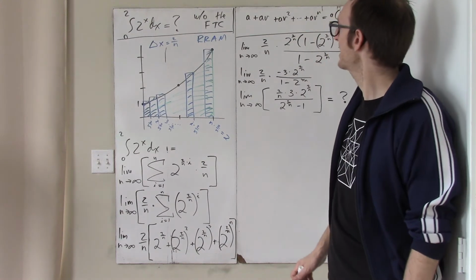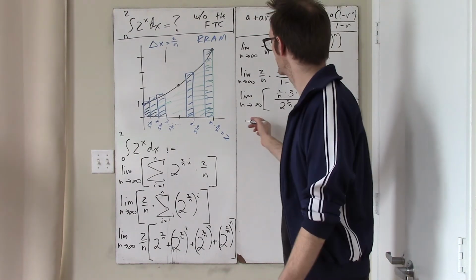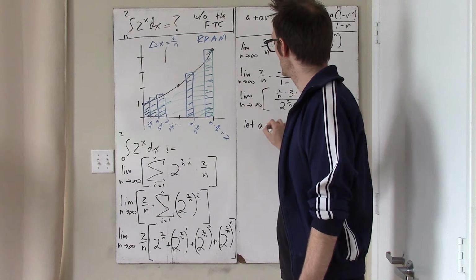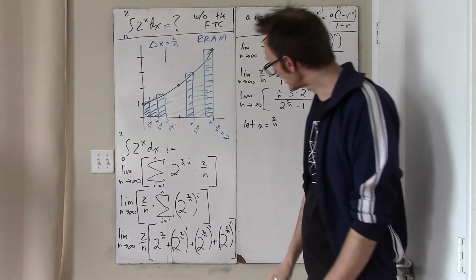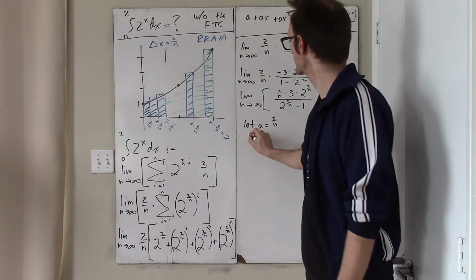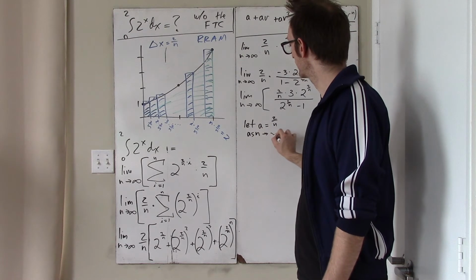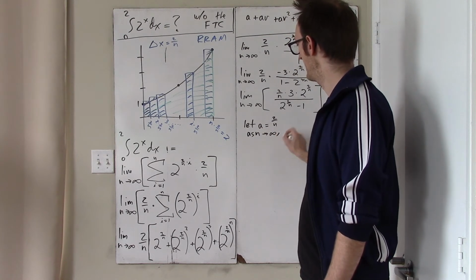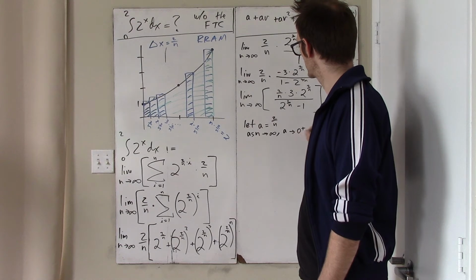This 2 over n thing is kind of annoying, so we're going to do a variable substitution. Let a be 2 over n. And now observe that as n goes to infinity, a goes to 0 plus.